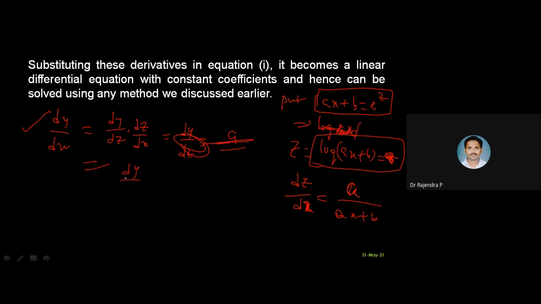So dy by dz, and the dz by dx value is a by ax plus b. Do you agree or not? Yes, sir. So now this particular ax plus b I will take to the other side. Then what I will get is ax plus b into dy by dx, this value I will get.